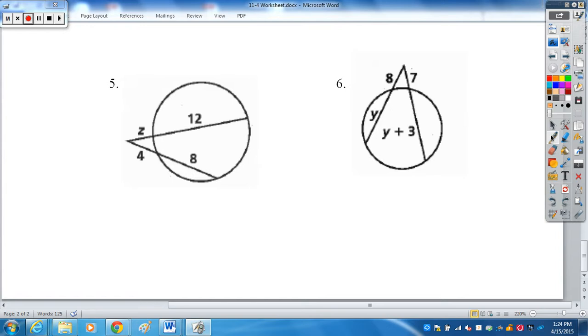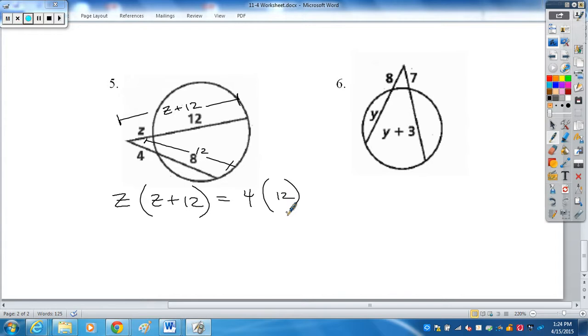Okay. Hopefully you're looking at problem number 2 above and you're able to set it up. Here's how it should go. In number 2, it said that if we take the outer portion of the secant ray and multiply that by the entire ray, we should be able to get the outer portion of the secant ray times the entire portion of that ray.